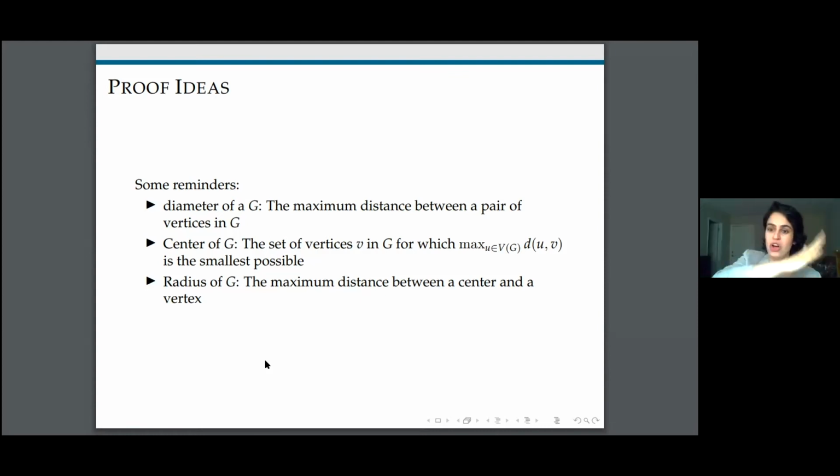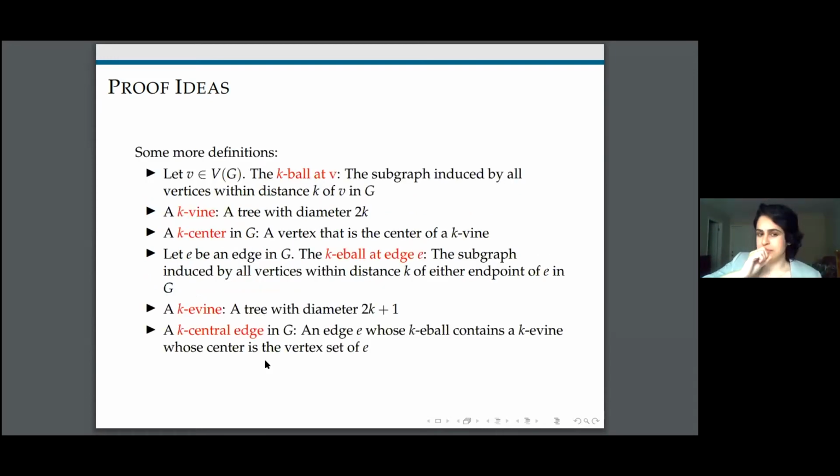Among all the vertices, those that have the smallest possible largest distance are called the centers of G. And the radius of G is that minimum maximum distance. We came up with these names because we needed something like that.